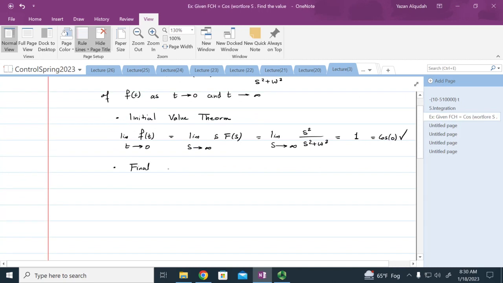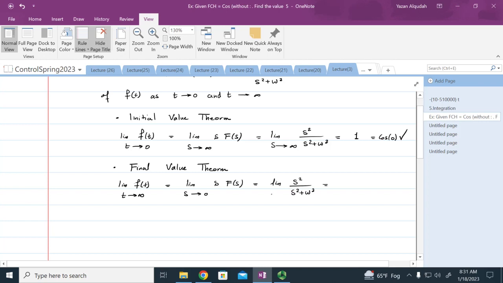Then we're going to find the final value. Use the final value theorem. So f of t, the limit as t goes to infinity, is going to equal the limit as s goes to 0 of s multiplied by F of s, which is going to equal the limit of s squared over s squared plus w squared.